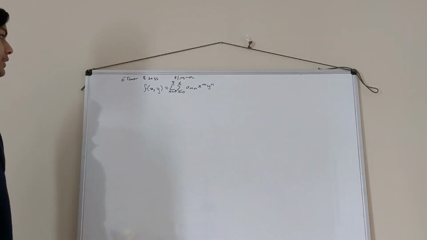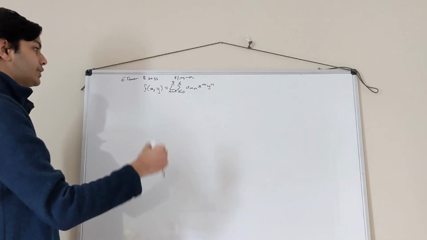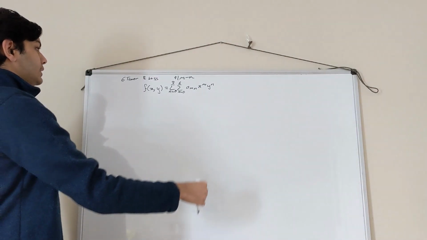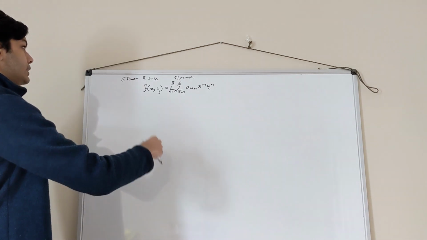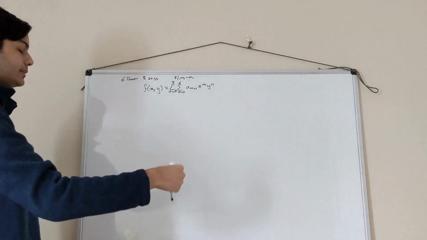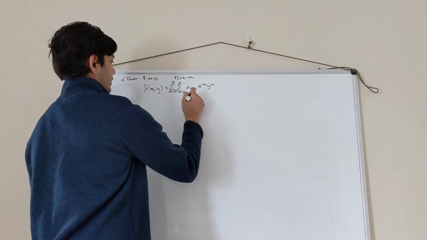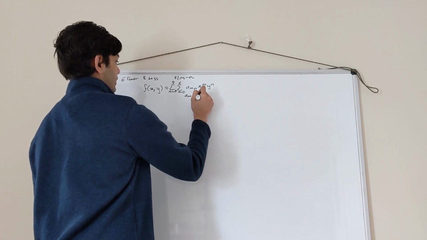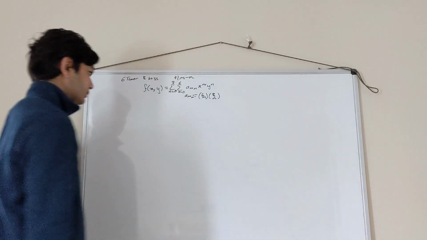So here these x and y's are like placeholders, and the coefficient of x to the m, y to the n is the number of ways that you can make a choir that has m tenors and n basses, which would obviously just be 6 choose m times 8 choose n.